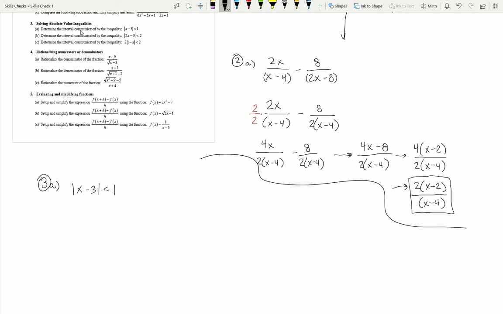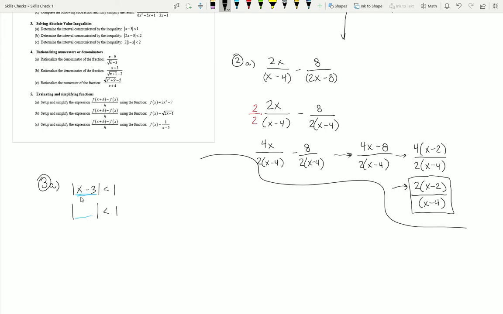Now, in order to do this, it's important that we're able to think about how to solve this absolute value inequality. And the best way that I know of to think through this is, instead of focusing on numbers that I could plug in for x, to focus on the fact that the inside of my absolute value bars will have to become a certain value in order to make this statement work.